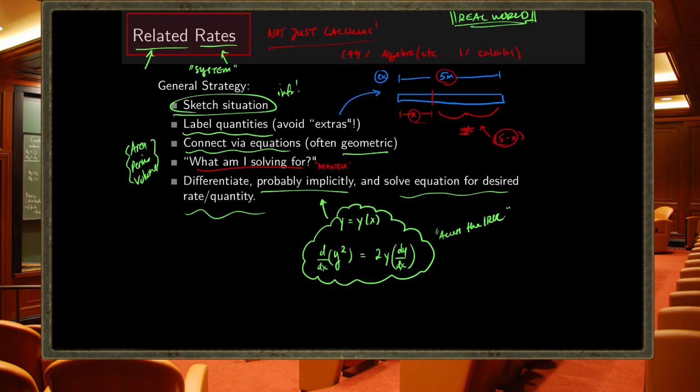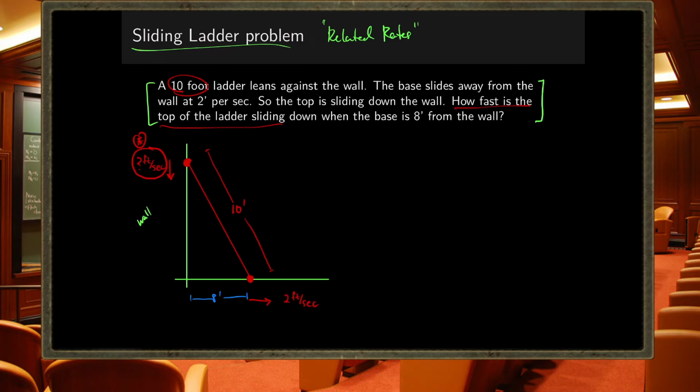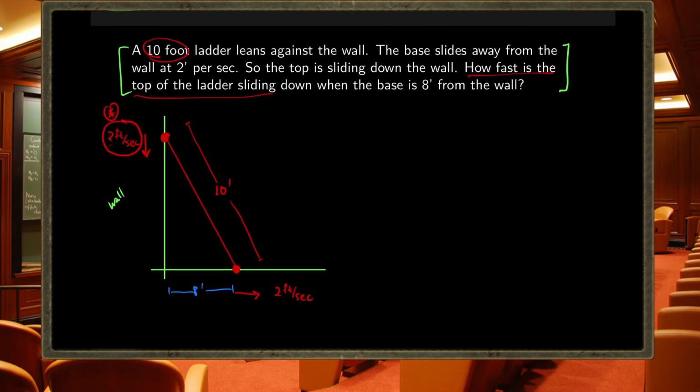Now what we want to do is label quantities. All right, so let's label some quantities here. We can call this big L for the length of the ladder, but this is really fixed, so it doesn't need a variable name, but we'll just give it a name. Now, over here, we were given the rate of the base sliding away from the wall at 2 feet per second.